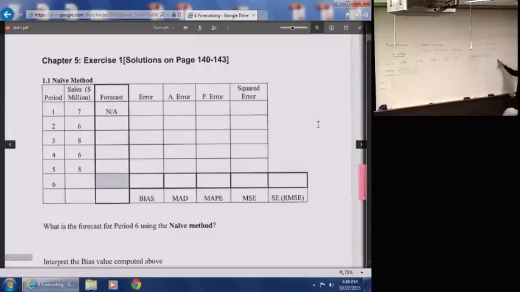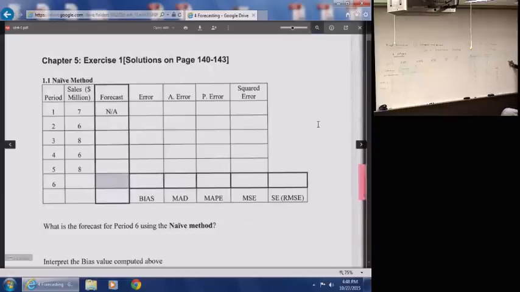And the error, the first one has no error, because you've got no prediction. The next one is going to be -1, because error equals actual minus prediction. So -1, plus 2, 6 minus 8 is -2, 8 minus 6 is plus 2. These are the errors. For absolute error, there's no first value.